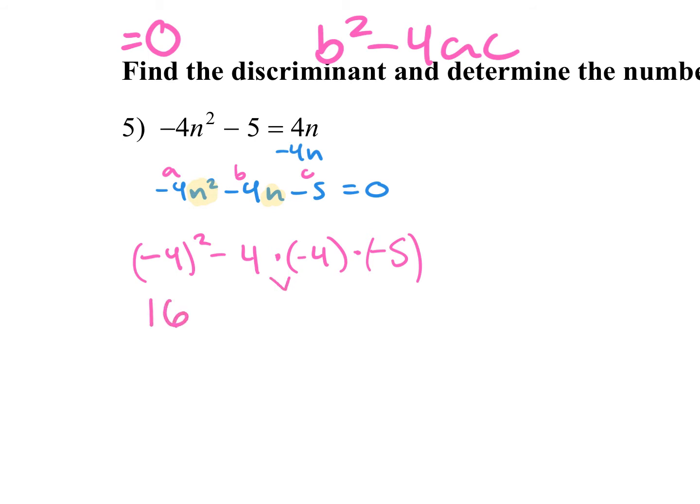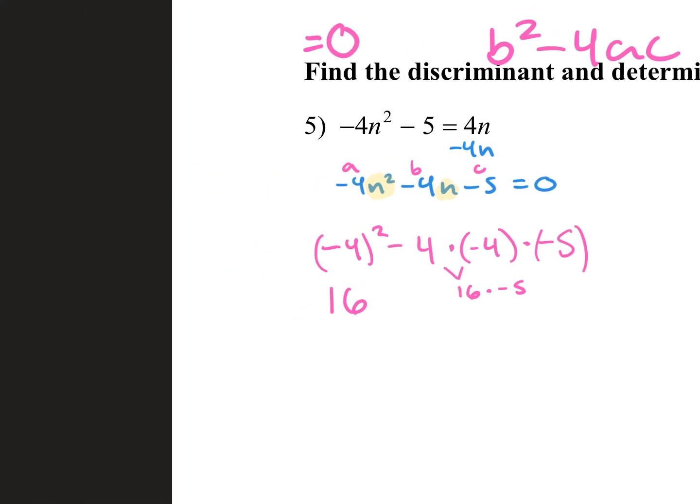What is negative 4 times negative 4? 16. And then 16 times negative 5. Remember, if we don't know, we can write it out on the side. So 16 times 5. So 5 times 6 is 30. 5 times 1 is 5 plus 3 would be 8. So it'll be negative 80.